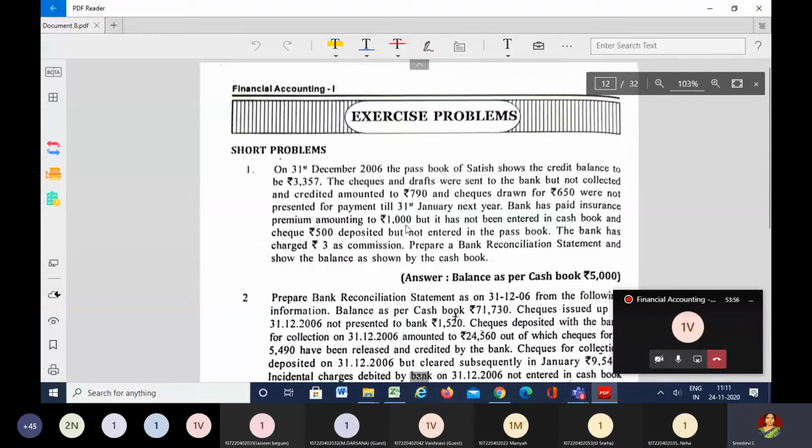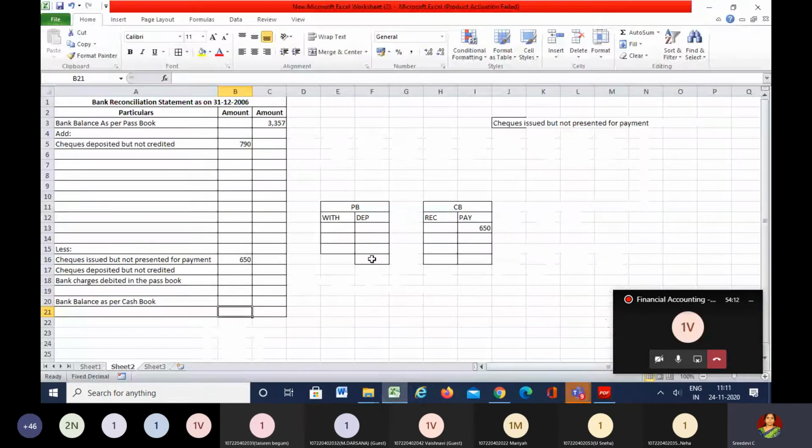So we have done with the two reasons or differences. Next, the bank has paid an insurance premium amounting to rupees 1000, but it has not been entered in the cash book. So when the bank is paying, first the entry will be given in the passbook. On which side of the passbook will it be recorded? Withdrawal.